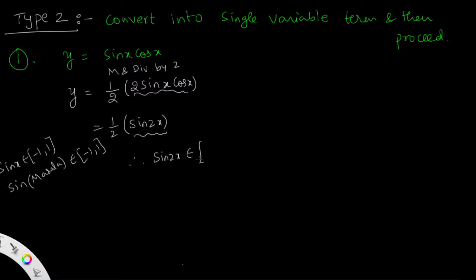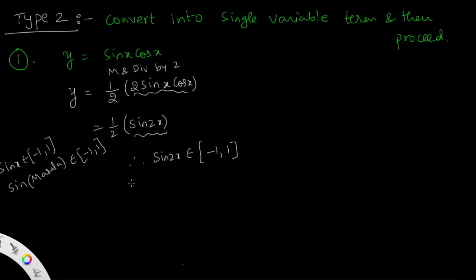If you draw the graph, the maximum value reaches plus 1 and the minimum value is minus 1. Sin 2x, sin 3x, any value you can take. The maximum is plus 1 and the minimum is minus 1. I wrote 2x in the place of x, but for sin of any value it is just for convenience. So it also lies in the interval minus 1 comma 1 only, and you can write sin 2x also in minus 1 comma 1.